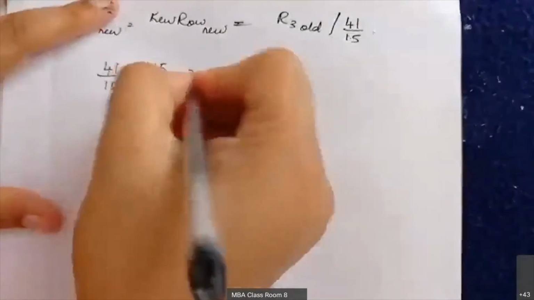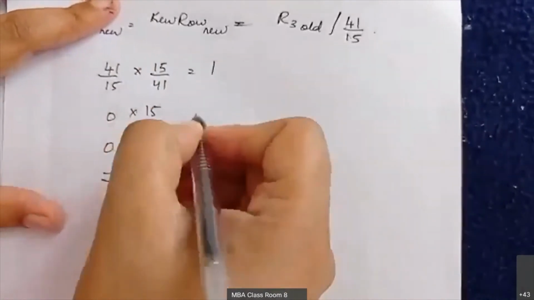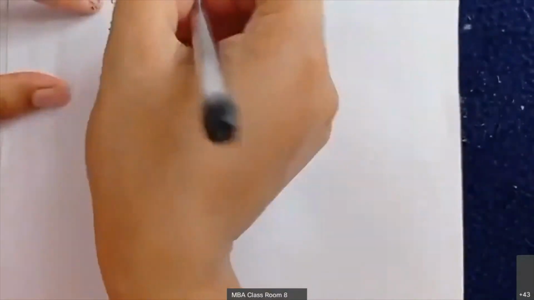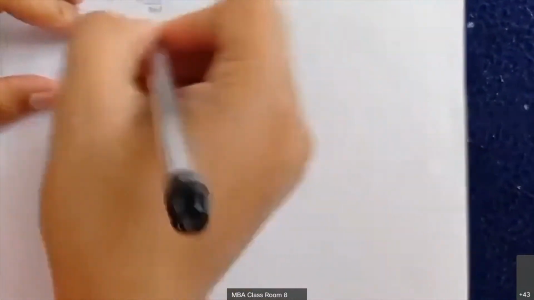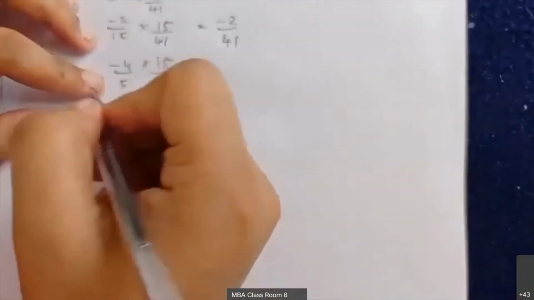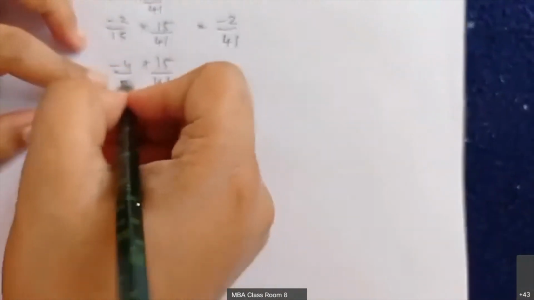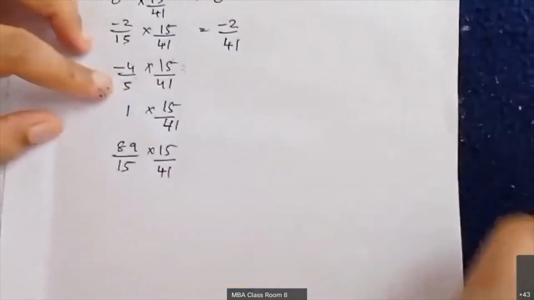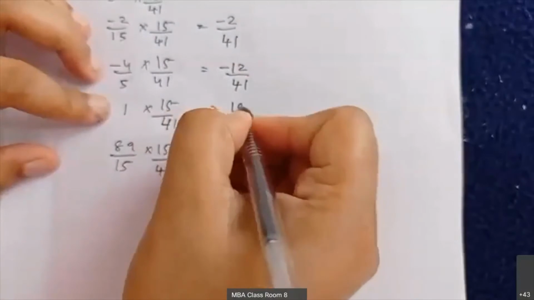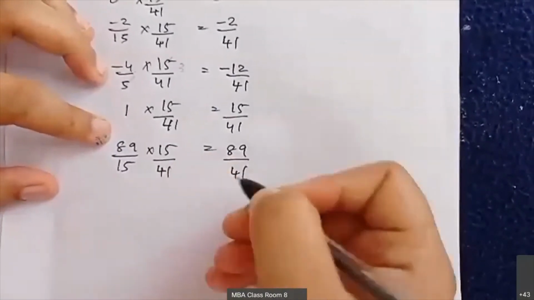Here all the values will get cancelled. 41 and 41 cancel, 15 and 15 cancel, 1. Multiplied by 0, I get 0. Again multiplication with 0, it is 0. Over here 15 and 15 cancel. It is minus 2 by 41 here. Here it will become 3. 3 minus 4 into 3, it is minus 12 by 41. Which is 15 by 41, and this is 89 divided by 41.